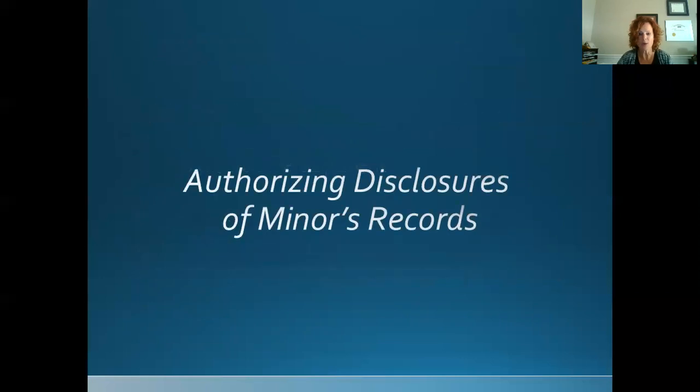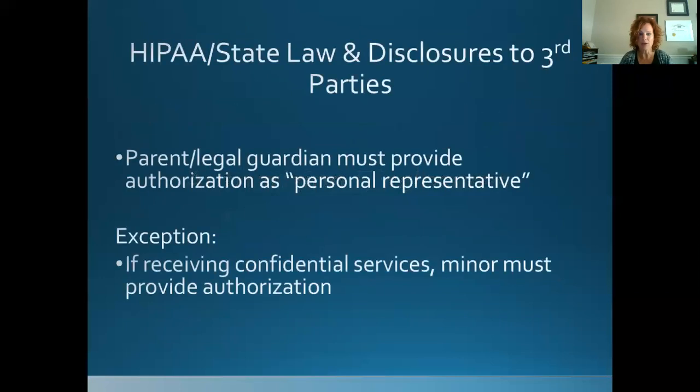In terms of authorizing disclosure of the minor's records, the parent or legal guardian must generally provide that authorization as the personal representative. Remember, they're standing in the shoes of the child. So if a third party, such as a payer, needs to receive information and the provider needs authorization to make that disclosure, the parent or legal guardian can typically authorize that disclosure.